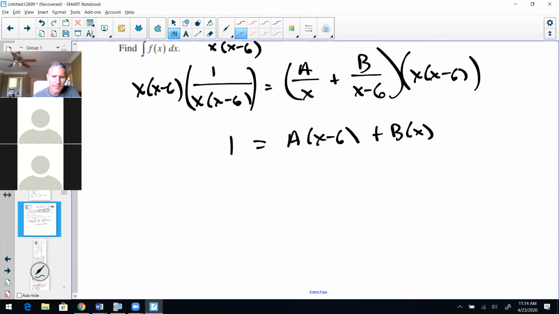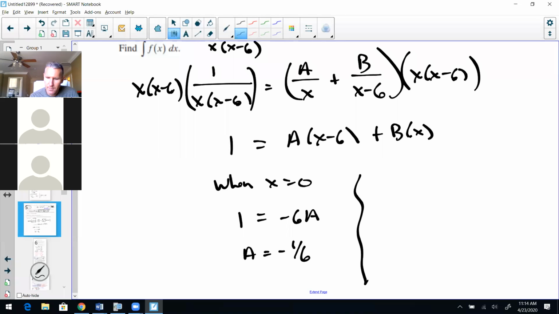So now what we say is when x equals 0, I get that 1 equals negative 6a, so a equals negative 1/6. When x equals 6, the a term is going to go away, right? So I'm just left with 6b. So b equals positive 1/6.